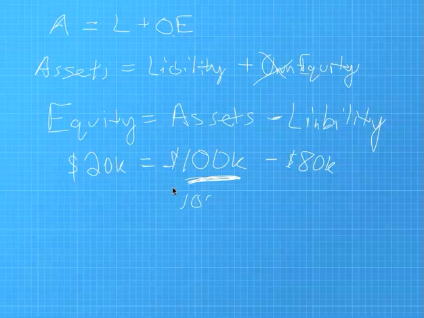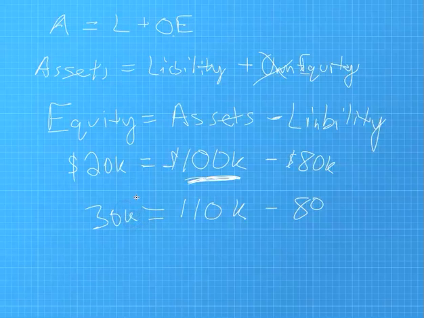Say that the value of your home went up 10%, so it went to $110,000. Again, you still owe $80,000, so now your equity is $30,000.